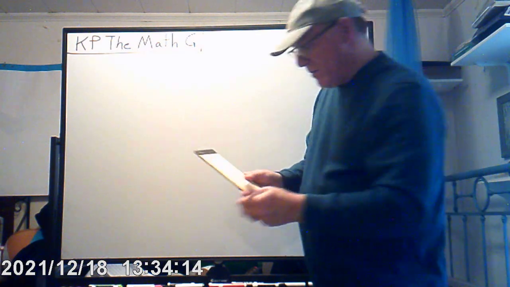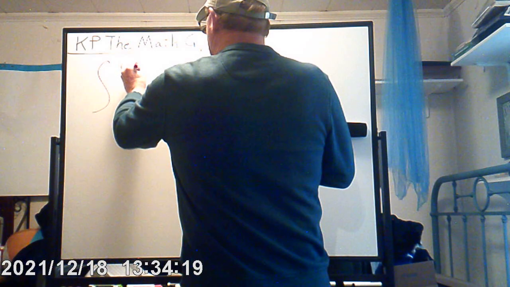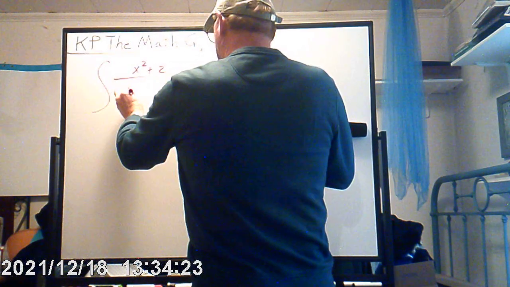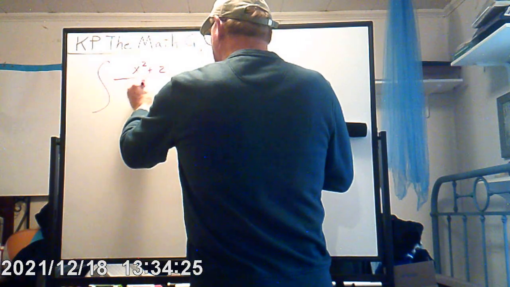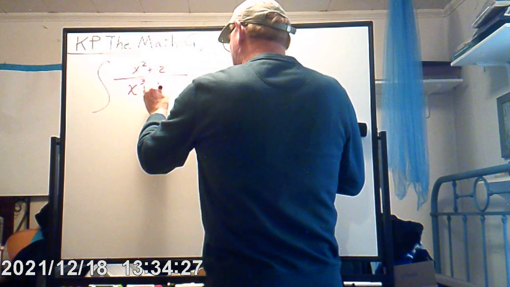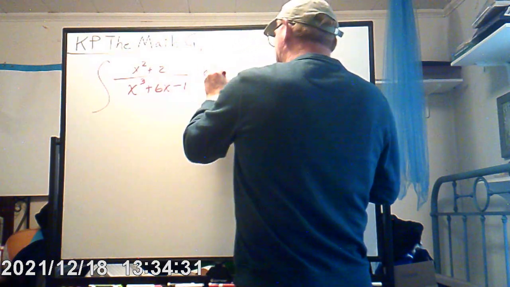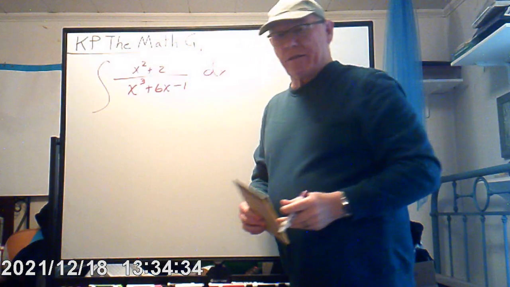So here we go. Sometimes it comes in quotient form. Alright, so I've got x squared plus 2 over x cubed plus 6x minus 1 dx. Alright, question to you.